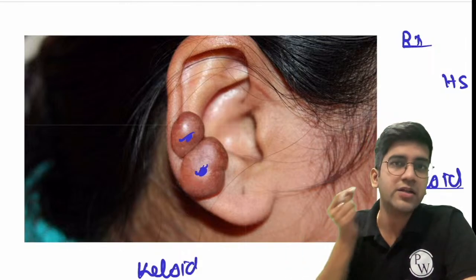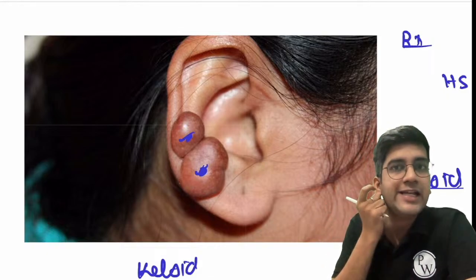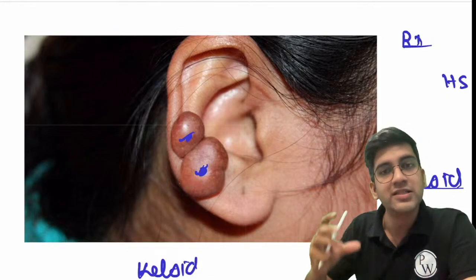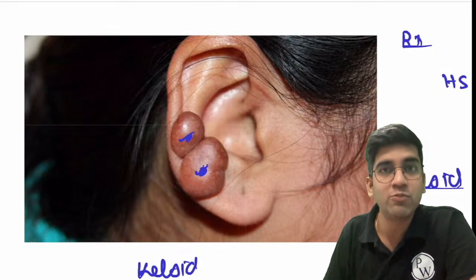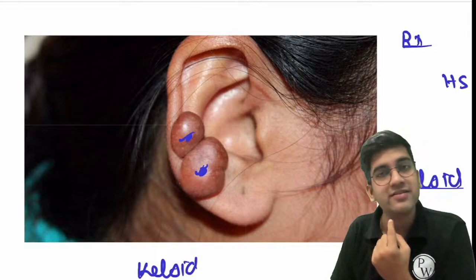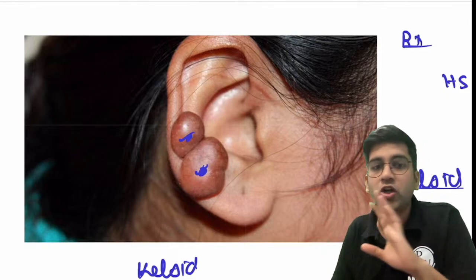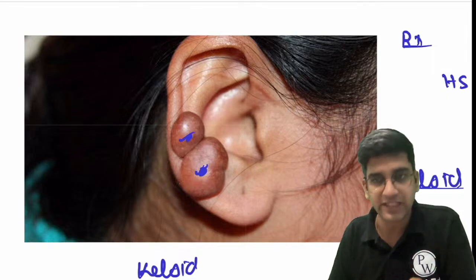Perfect. The injury is nothing but an ear piercing. The person has pierced the ear. That's a tiny trauma, right? That trauma has resulted in such a huge scar. So that is abnormal for sure, right? A tiny pinch or tiny prick here has resulted in a huge scar formation. This will not cause any symptom. Sometimes they can cause pain, but most of the time they are cosmetic appeal, that's all.